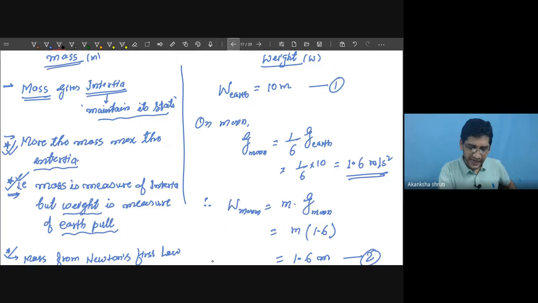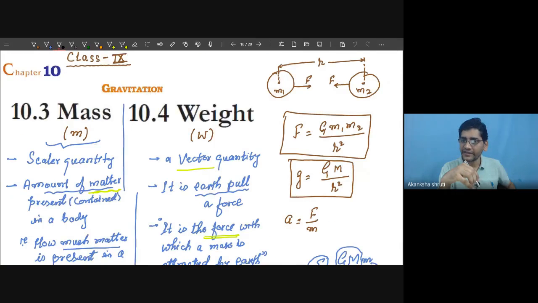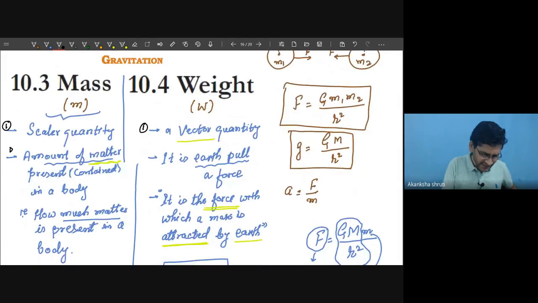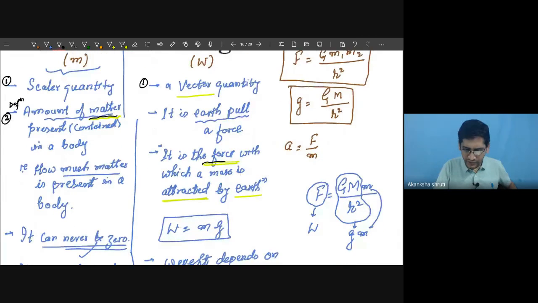Mass is a scalar quantity, but weight is a vector quantity. Okay, students, we shall keep in mind, number 8: mass is a scalar, but weight is a vector. The definition is like this. Mass is how much matter is there, but weight is the earth pull, or the force with which the earth is attracting the object.